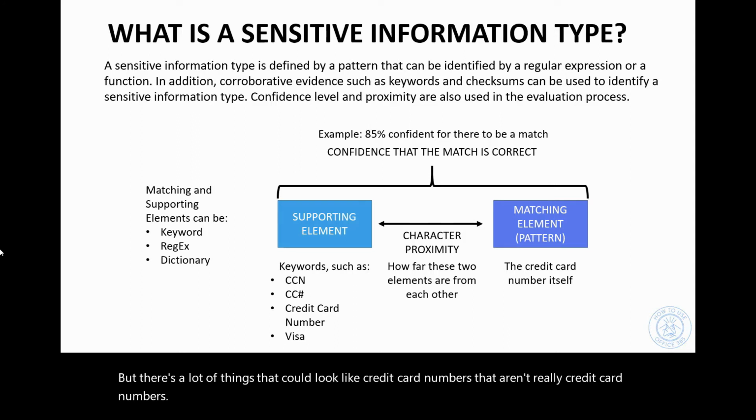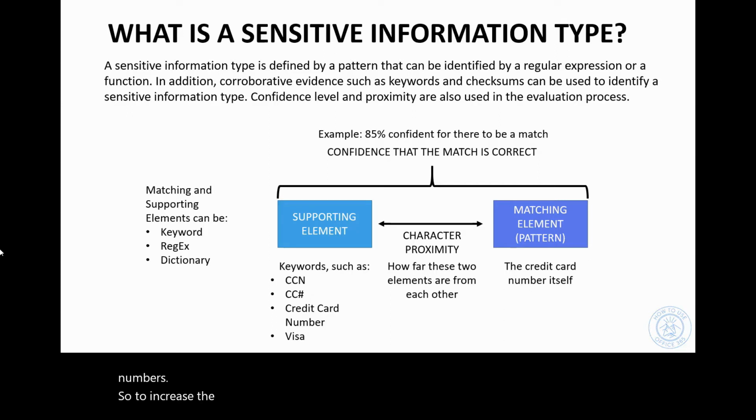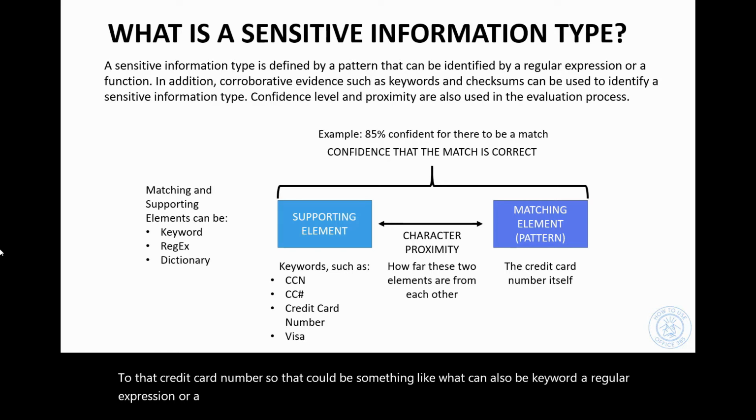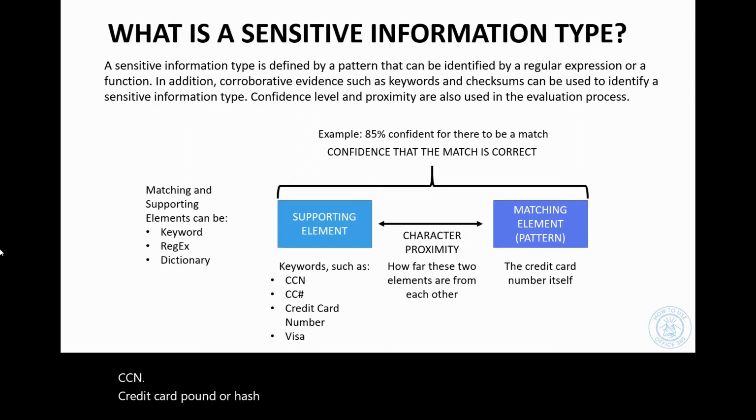So to increase the confidence that the match is correct, we want to also hopefully find a supporting element to that credit card number. That can also be a keyword, a regular expression, or a keyword dictionary. But just as a keyword example, it could be something like CCN, credit card, pound, or hashtag, the words credit card number, or something like Visa, MasterCard, or Amex.